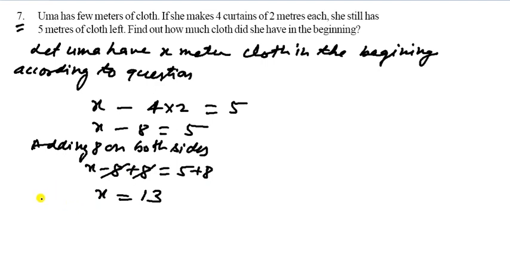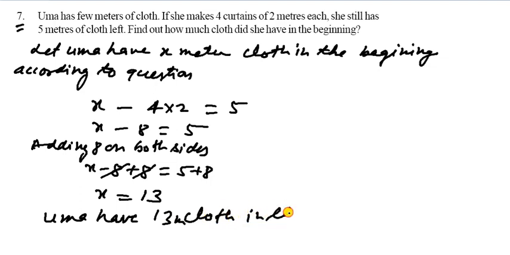So 13 meters of cloth. So Uma had 13 meters of cloth in the beginning. So that one is your answer.